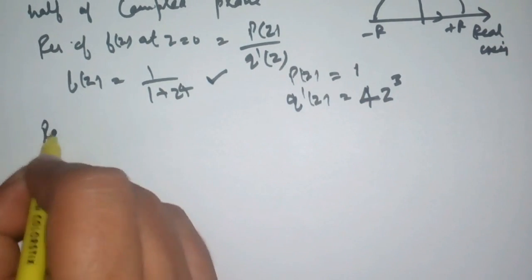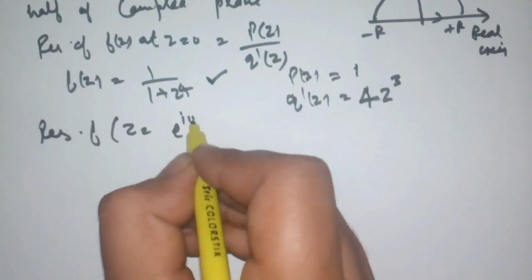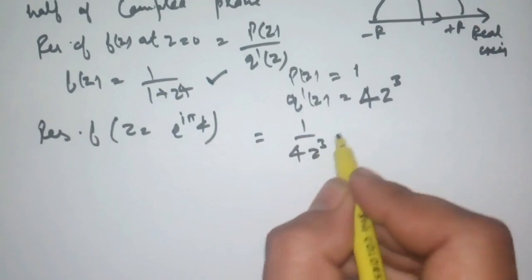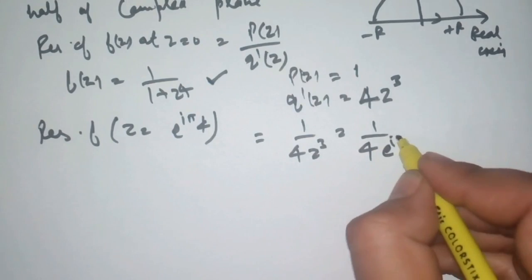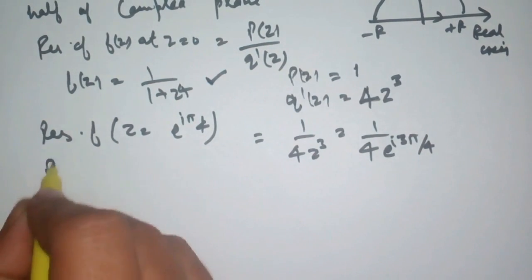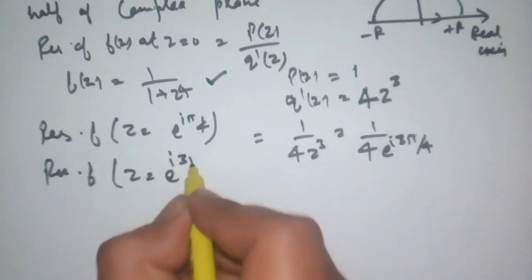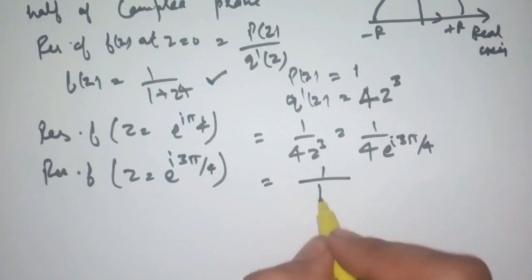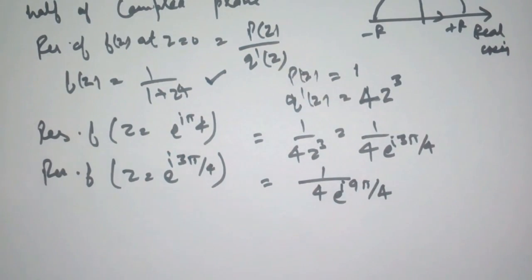So now the residue of f at z equal to exponential iota pi upon 4 is 1 upon 4z cube, which is equal to 1 upon 4 exponential iota 3 pi upon 4. Now the next is the residue of f at z equal to exponential iota 3 pi upon 4, which will become 1 upon 4 exponential iota 9 pi upon 4.